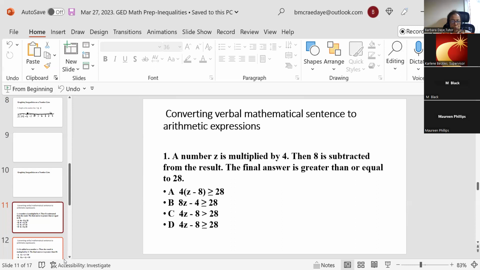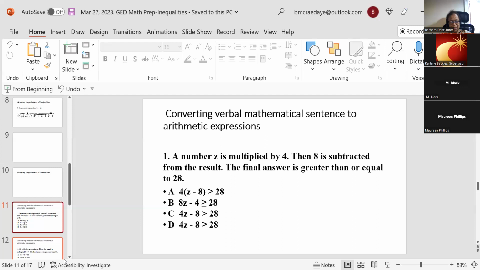Let's see. A number Z is multiplied by 4. Then 8 is subtracted from the result. The final answer is greater than or equal to 28. Okay, so what would be your answer? A, B, C, or D?